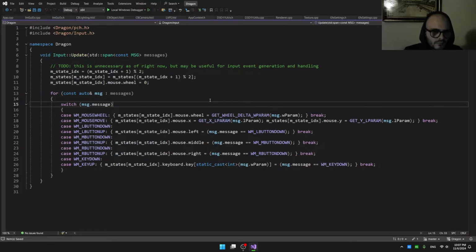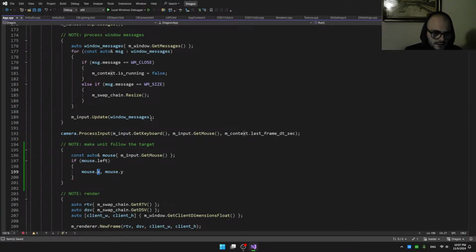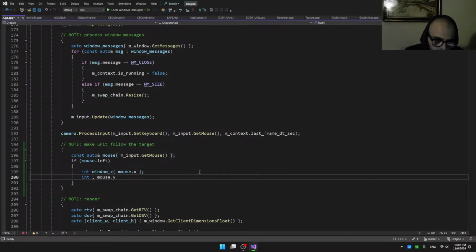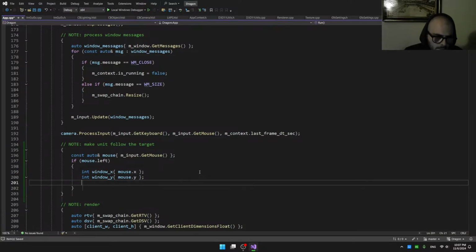Yeah, the client coordinates. So that would be int window x, mouse x, int window y, mouse y.